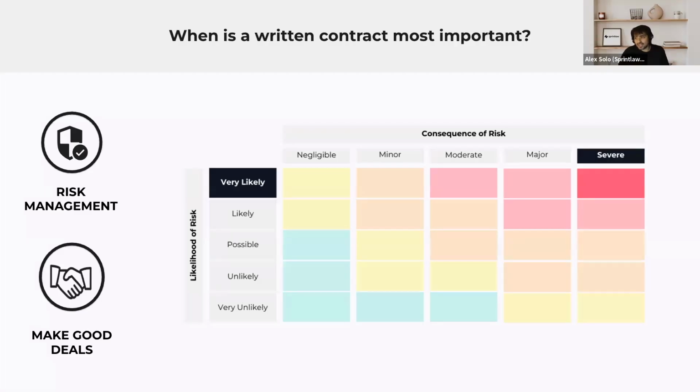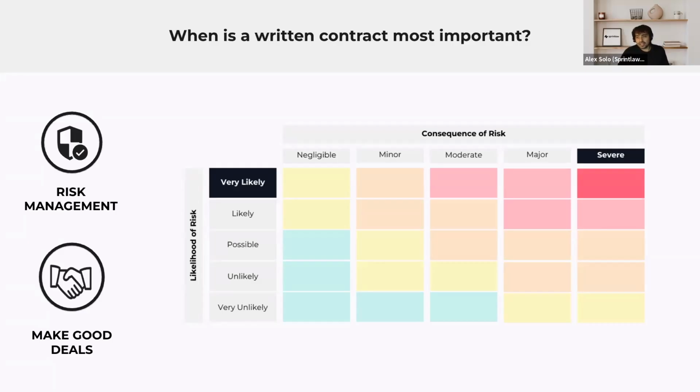You could do a contract for that, but really, depending on what this person's doing, the probability of something going wrong is probably pretty low. And even if it did, it may not be business ending for you. So you might not bother with a contract in that circumstance. Those are two very easy examples, but there's obviously a whole spectrum in between, and I think it's useful to think through this lens.